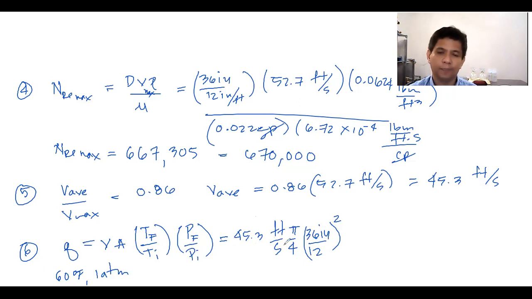So we want it this way. First the temperature factor. If the temperature decreases, what happens to the volume? It shrinks, so when you multiply by the temperature factor, the result should be less than 1. So 60 plus 460 divided by 200 plus 460; this ratio is less than 1.